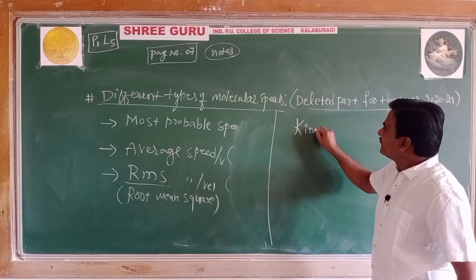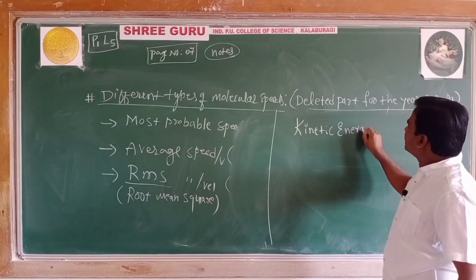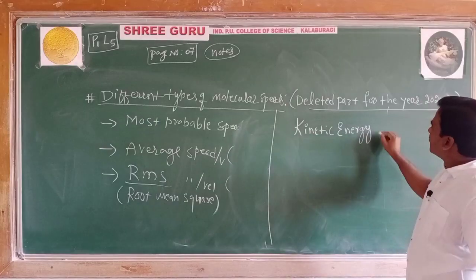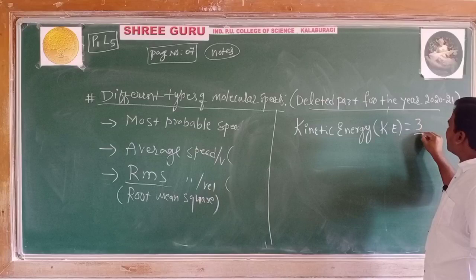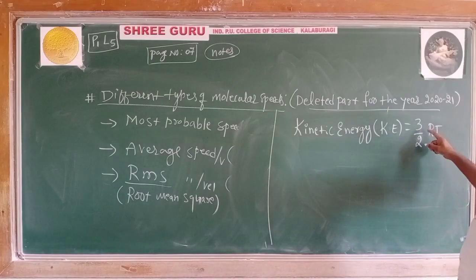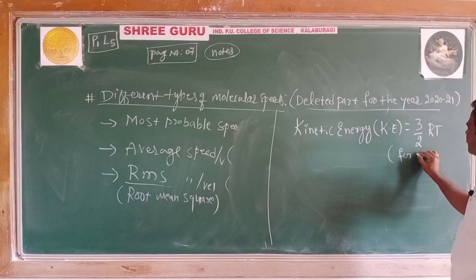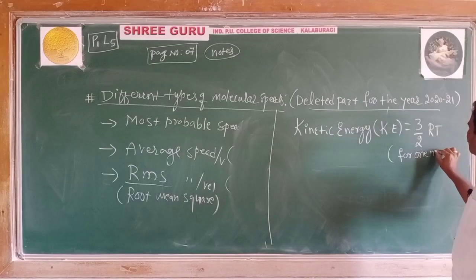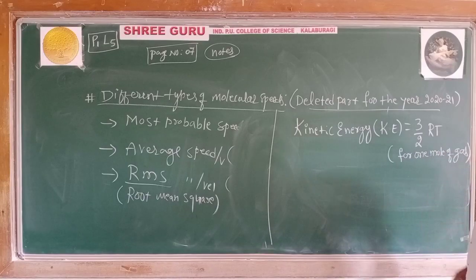Kinetic energy, KE, is given by the formula 3/2 times RT for 1 mole of gas.